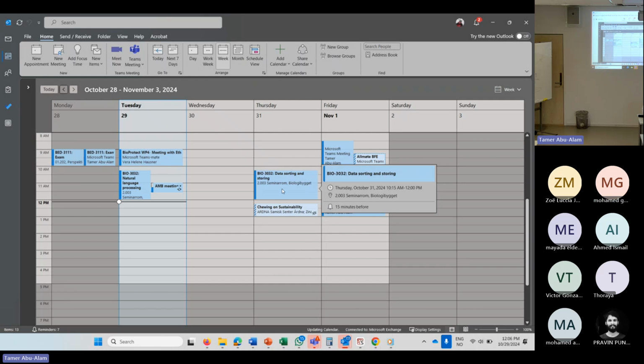But please try to fill the doodle because most probably we'll need one lecture. And then next Monday we will have the seminar or our lecture online. 10, yeah. This Thursday is good.